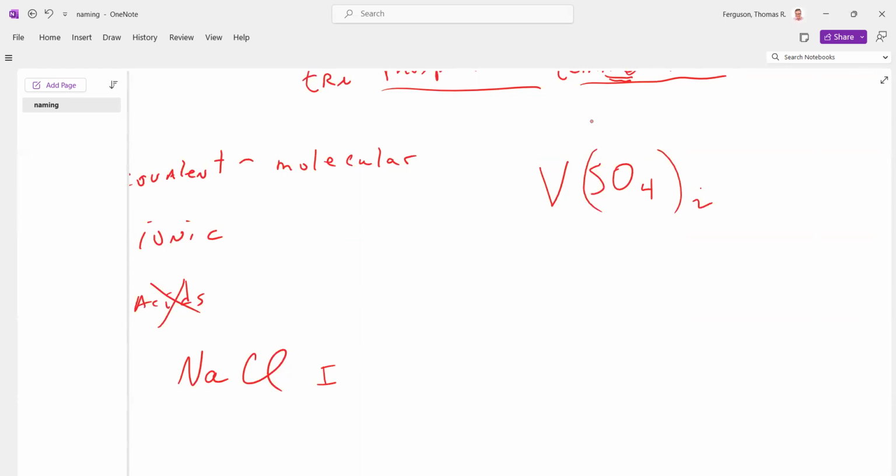Ionic. Vanadium is a cation, sulfate is an anion, so it's ionic. There's a problem though. What's the problem with this? Look at the bottom left on your ion chart. There's not one vanadium, there are 3 vanadiums.